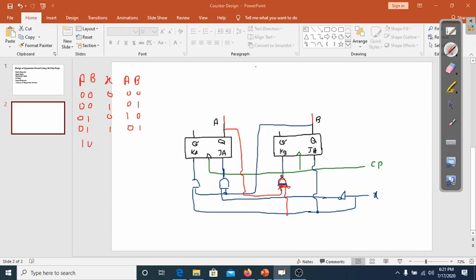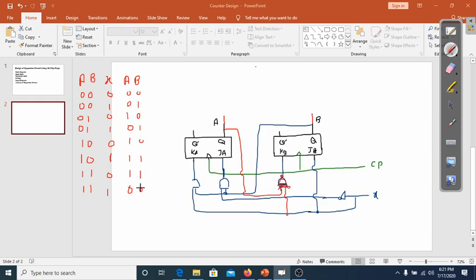For 1 0, for input 0 the next state is 1 0, and for input 1 the next state is 1 1. For 1 1, for input 0 the next state is 1 1, and for input 1 the next state is 0 0.